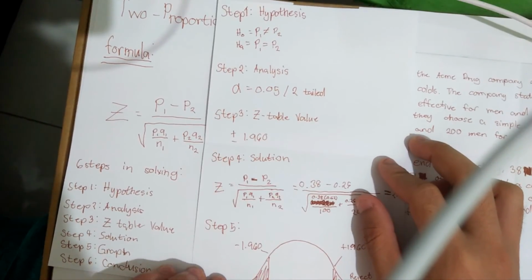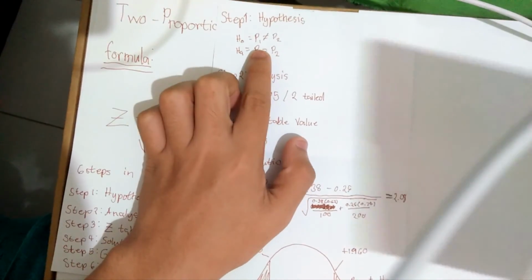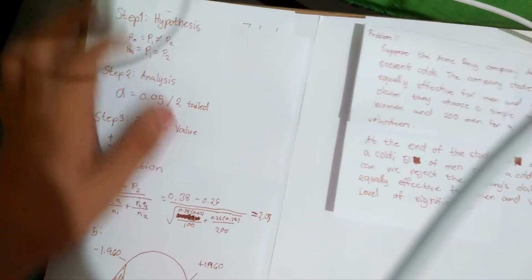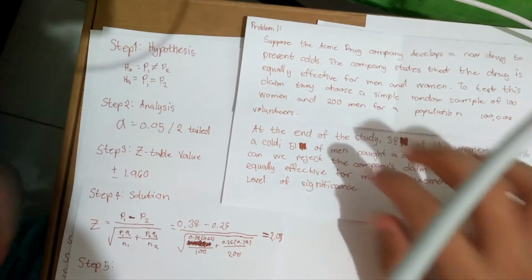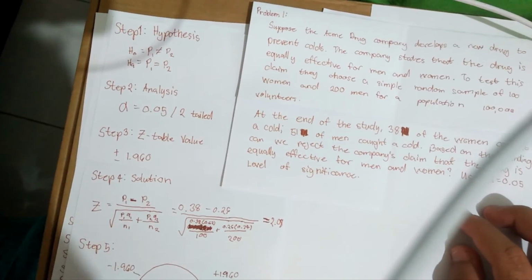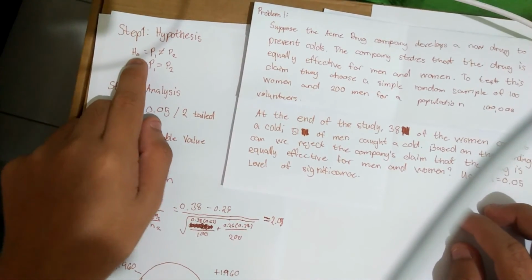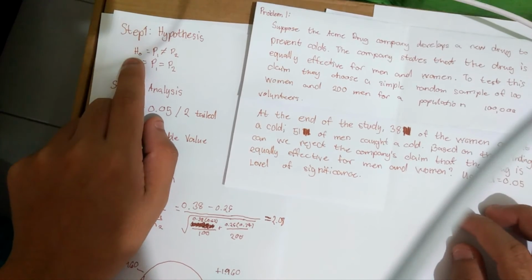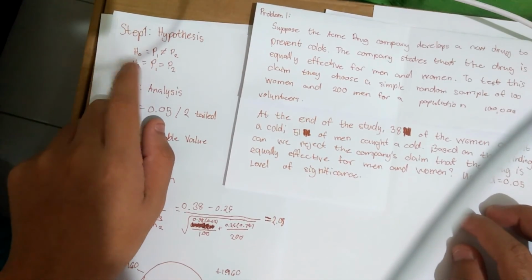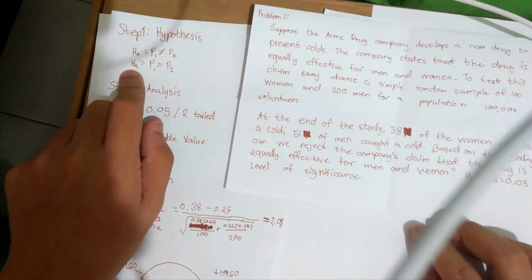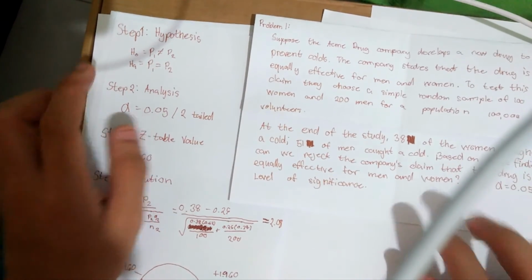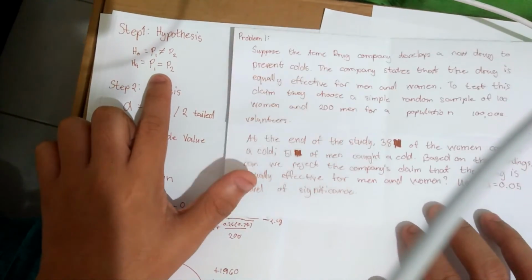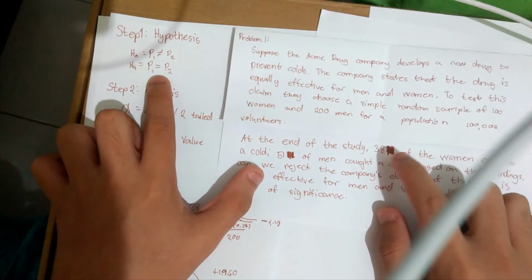Here. Step 1. Hypothesis. H0 is your null hypothesis and HA is your alternative hypothesis. How can you find your p1 and p2? Well, it's stated here.